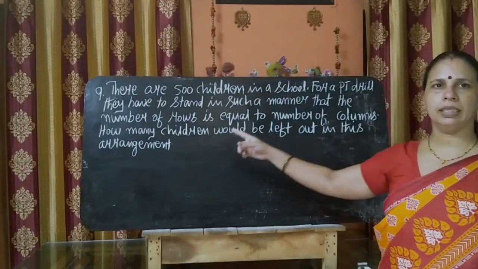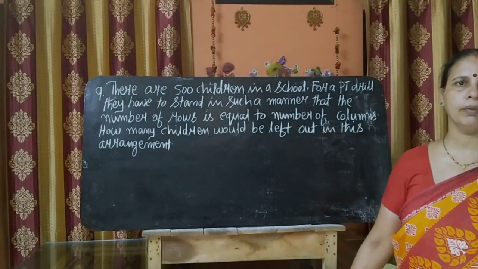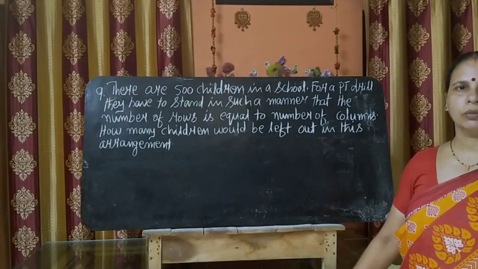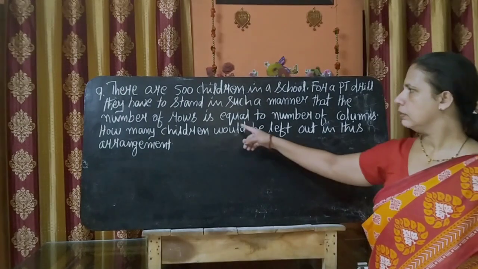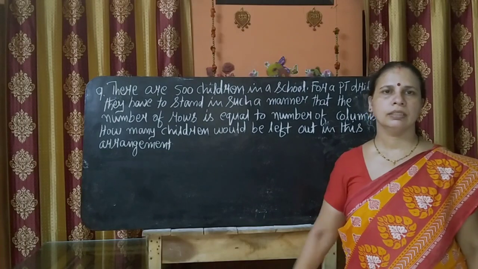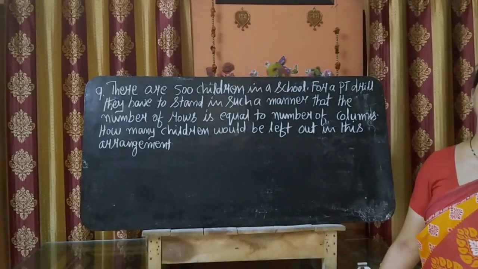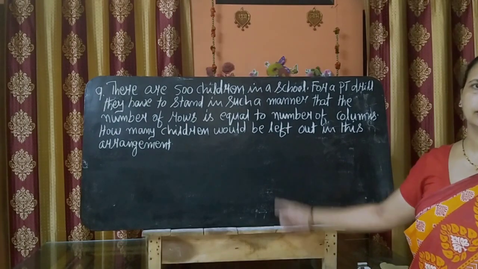For a PT drill, they have to stand in rows and columns, with the same number of students in each row and column. Then for that arrangement, some students are left. We have to find out how many children were left.